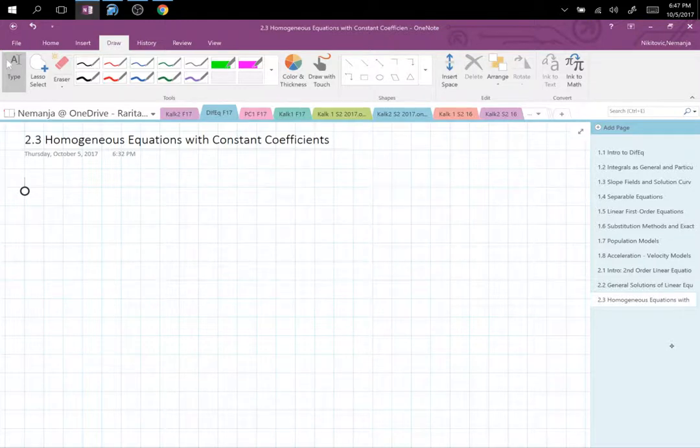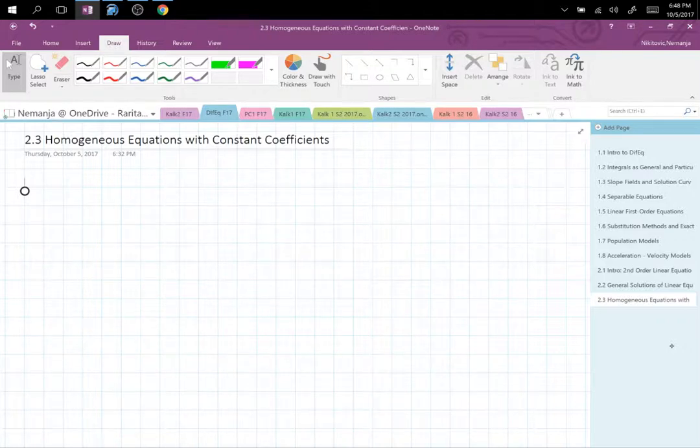Hello and welcome back to differential equations, section 2.3, homogeneous equations with constant coefficients. We are now going to talk about the way to solve differential equations of higher order.